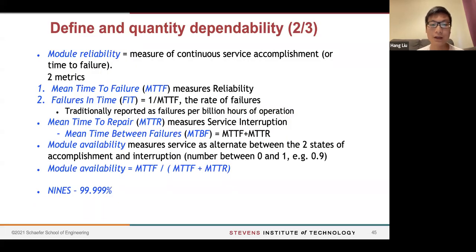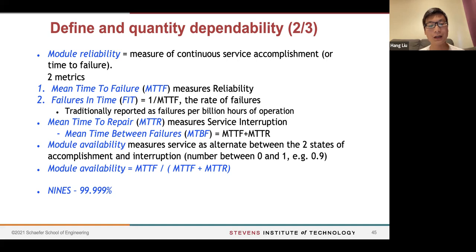Mean time to failure, MTTF, measures reliability. Failure in time, or FIT, is the rate of failures, traditionally reported as failures per billion hours of operation. Mean time to repair measures the service interruption, how long you have to repair it.